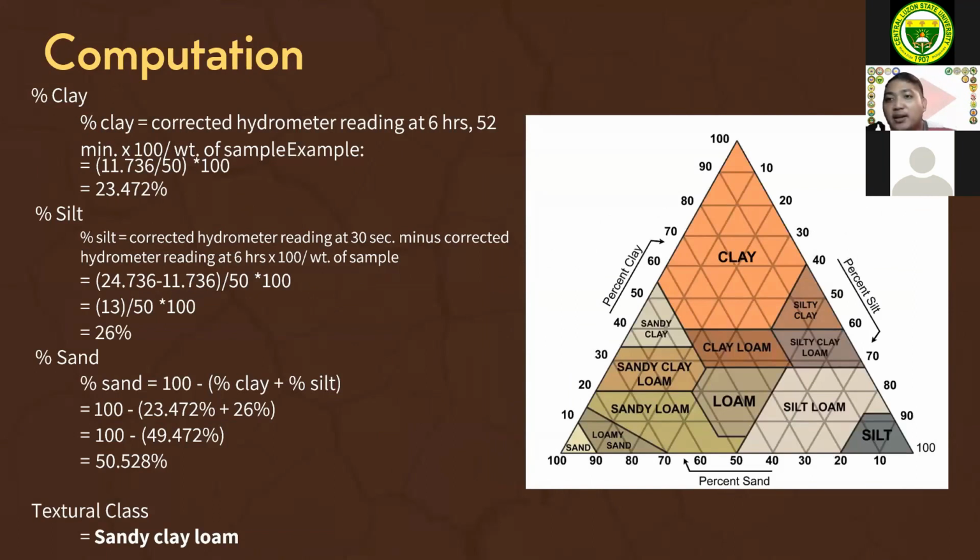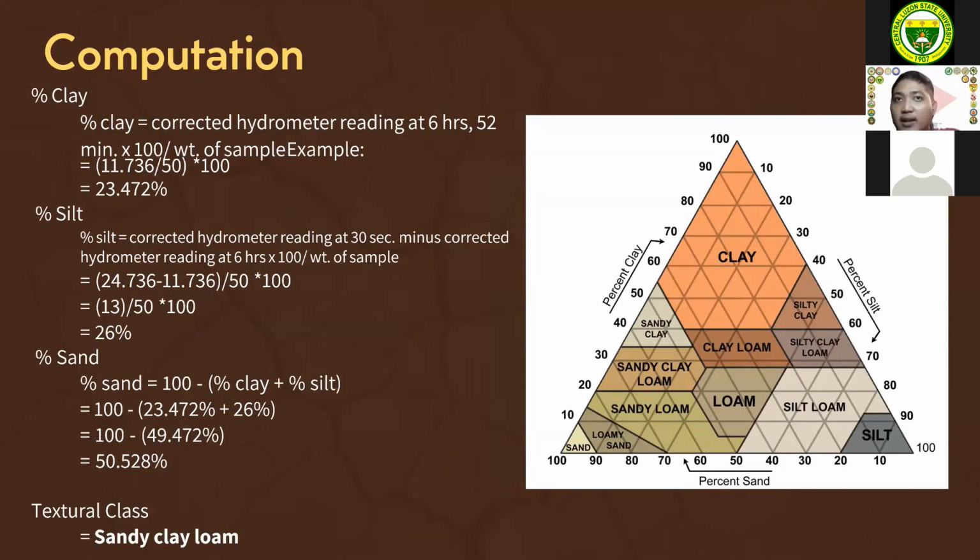Then after ng hydrometer method, makukuha tayo doon hydrometer reading. Di ba ang kinukuha natin pag nag-hydrometer method tayo, kinukuha natin doon yung hydrometer reading at saka yung temperature. So yung hydrometer reading ay i-correct natin using the temperature na ginamit natin. Okay?